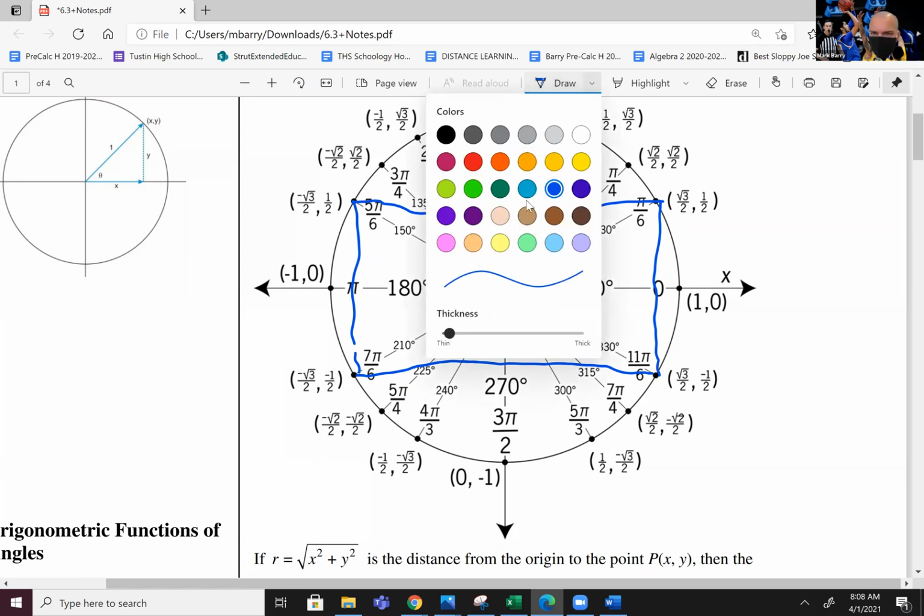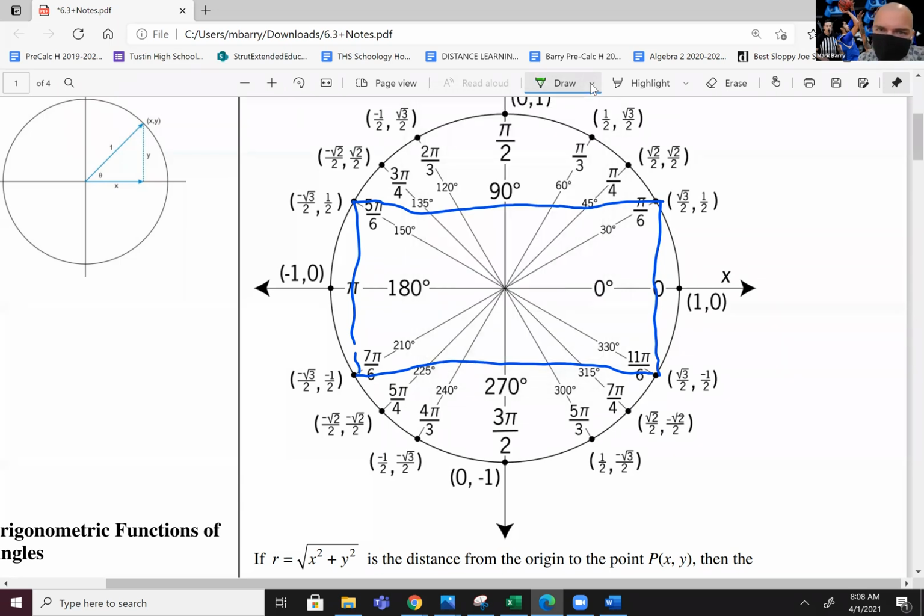We can do another rectangle. That's kind of the tall rectangle. So that one goes from here down there, and then over here, and then down here, and then over there. And so kind of the same relationship with those ones we see.